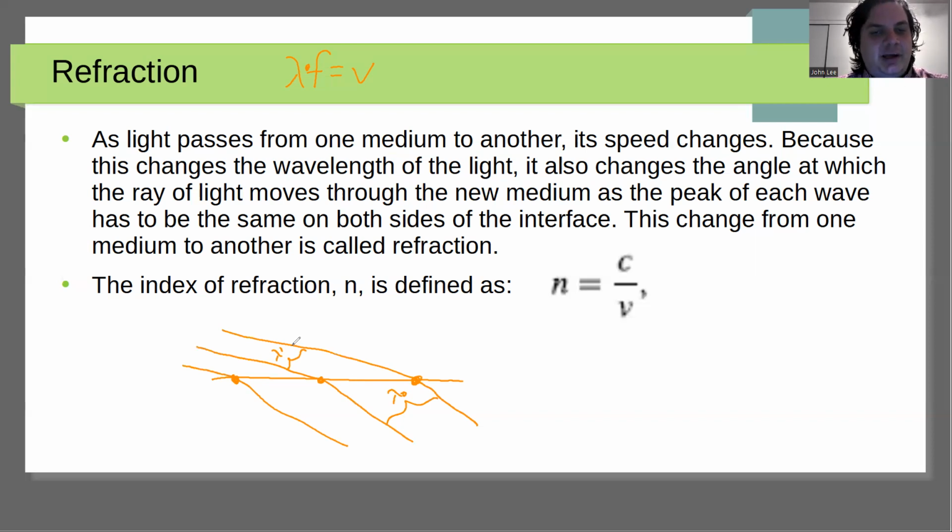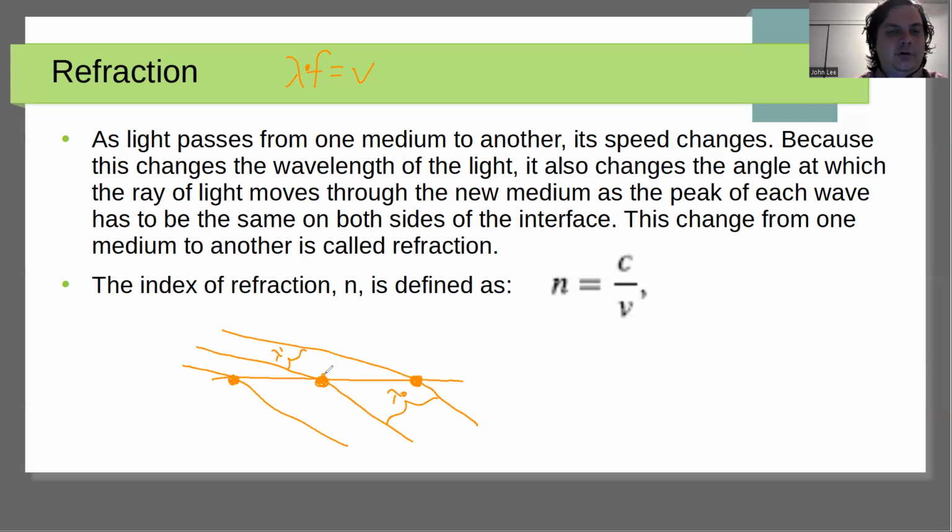It's kind of hard to tell, but the wavelength of the second one is smaller, but it has the same frequency. So in order for it to occur, these peaks have to occur on the same spot at the interface, whether you're looking at the wave that's coming in or the wave that's going out.